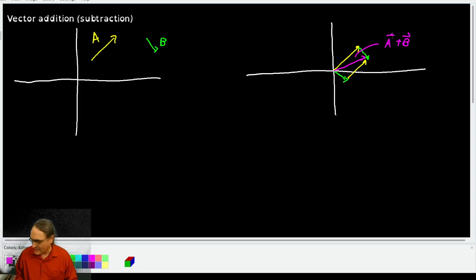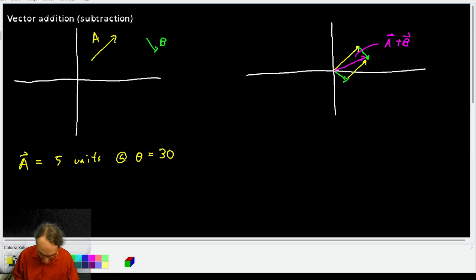So we talked a little bit about decomposing into unit vectors, and that is in fact what you would want to do. Let's say we knew something about the two vectors. Say that A has a length of 5 units, and it's at an angle of 30 degrees.